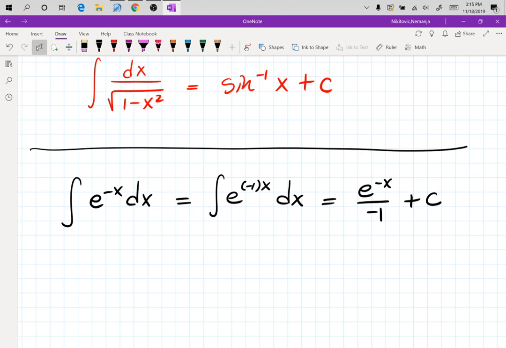So number one, integral of f of x plus g of x dx is equal to integral of f of x dx plus integral of g of x dx. So technically this tells us that if we have two different functions added together, let's say polynomial and whatever else, exponential, you will take the integral of each one of them independently.